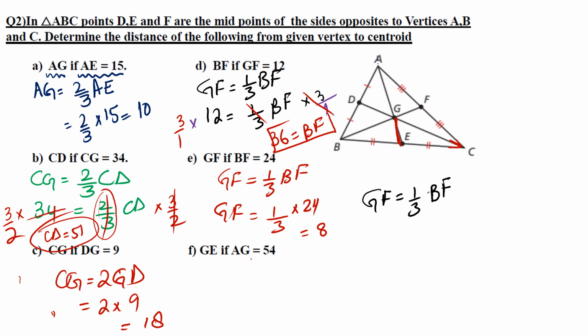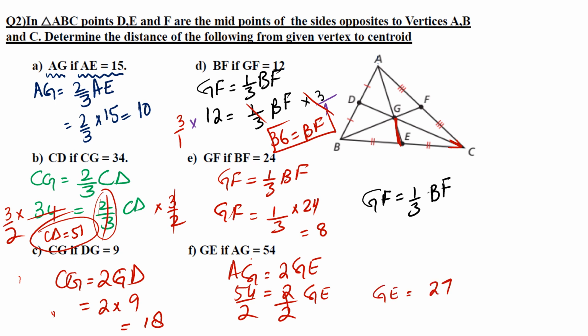So you can see that AG is 2 times the GE. AG is 2 times the GE. We have to find the GE, right? So 2 stays as it is and AG is 54. To find the GE, we divide both sides by 2. So we will get GE equals 27.